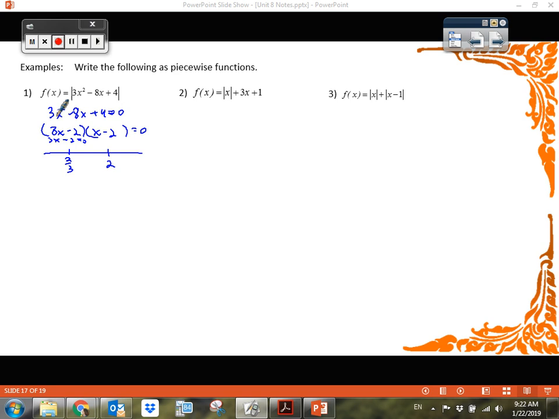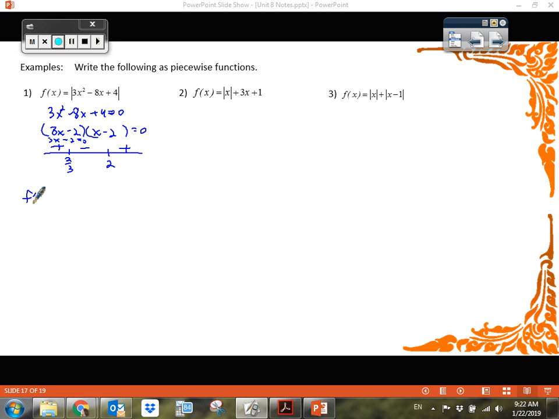You don't have to. You could use the original portion, without the absolute value bars, just the inside part. If I put a 0 in there, I get a positive. I put, say, a 1 in here, and that would give me a negative. And then I put a 3 in, that would give me a positive. So those are my signs, and that tells me how I'm going to have to form my piecewise function.